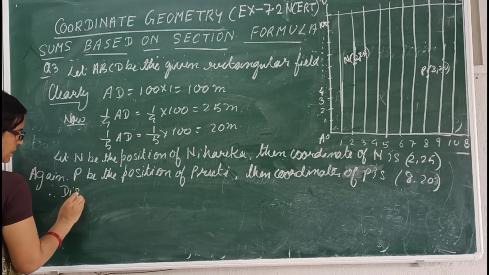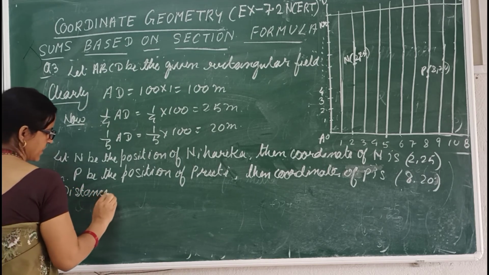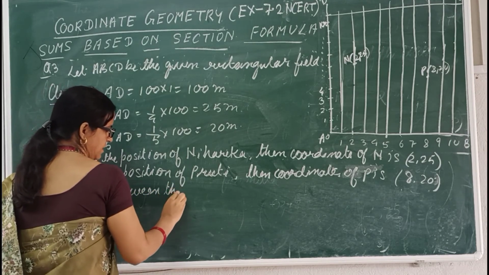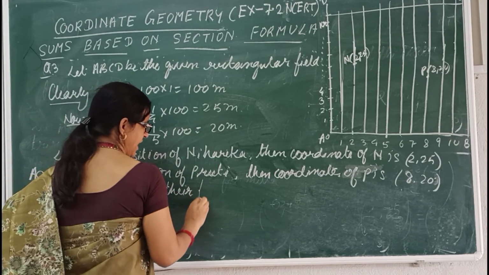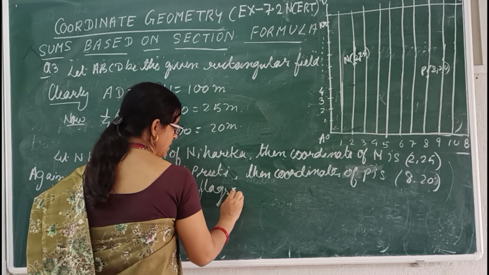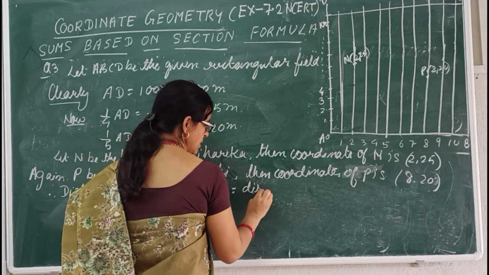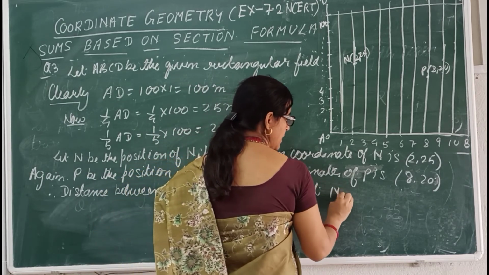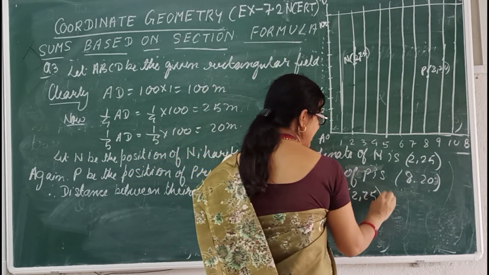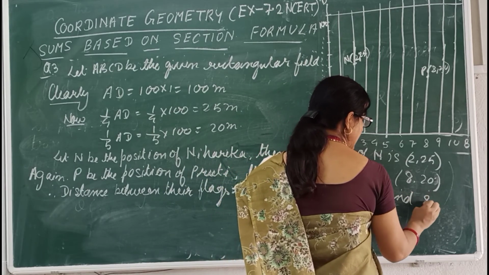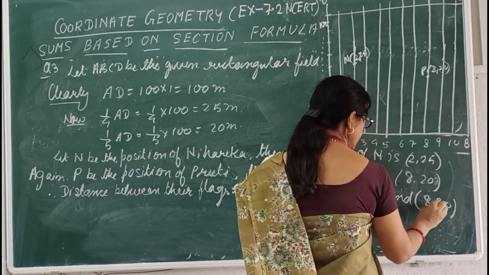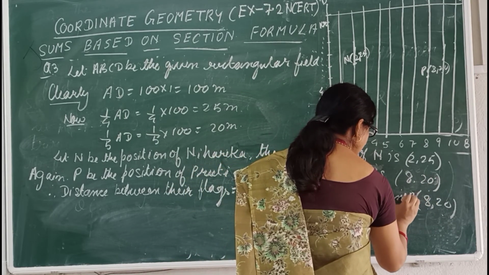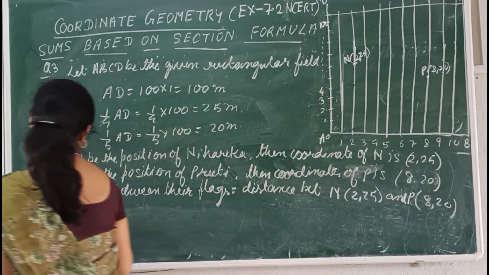Therefore, distance between their flags equals distance between N (2, 25) and P (8, 20).